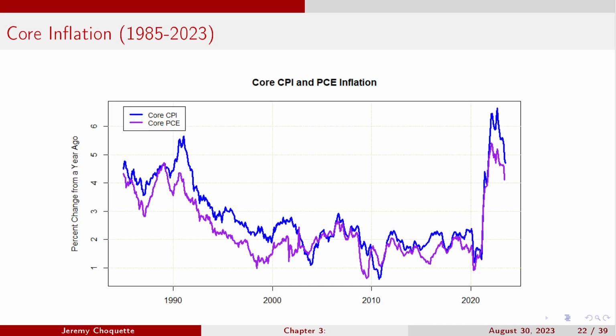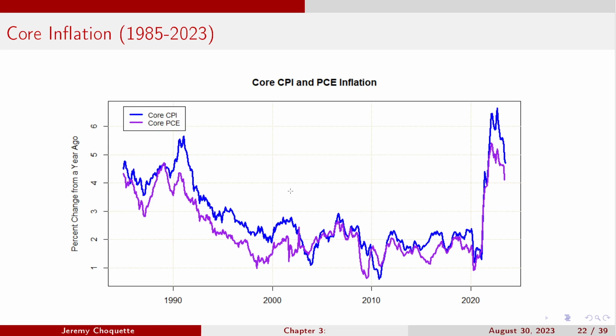So if we were to plot out first core CPI and PCE, this is what we would get. Between 1985 and 2023, if we look at these two measures of inflation, this is what we have. There are periods where it's a little high, periods where it's a little low. If we look at the last couple years, it's been particularly elevated.